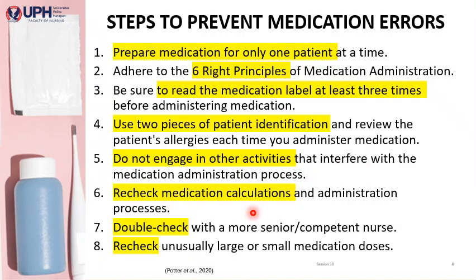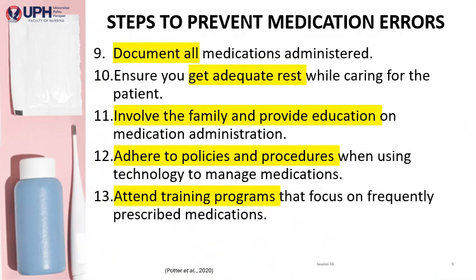You have to recheck the medication calculations and the administration process, and do a double check with a senior or competent nurse, especially if the medication dosage is unusually large or small. Then you document all medications administered, and you get enough rest so that you are focused when taking care of your patient and giving medication.